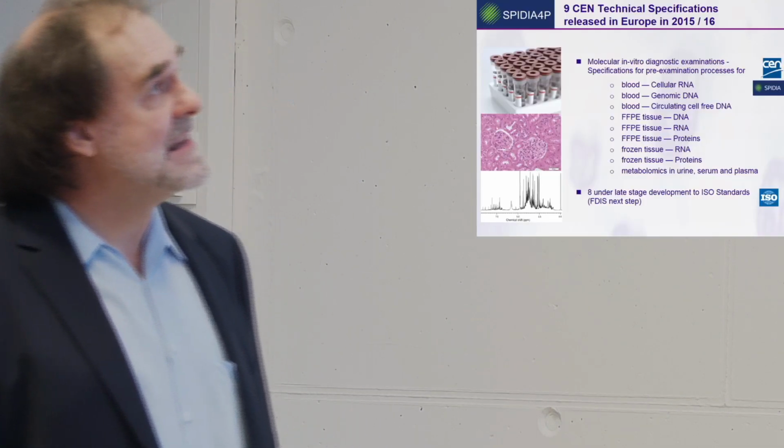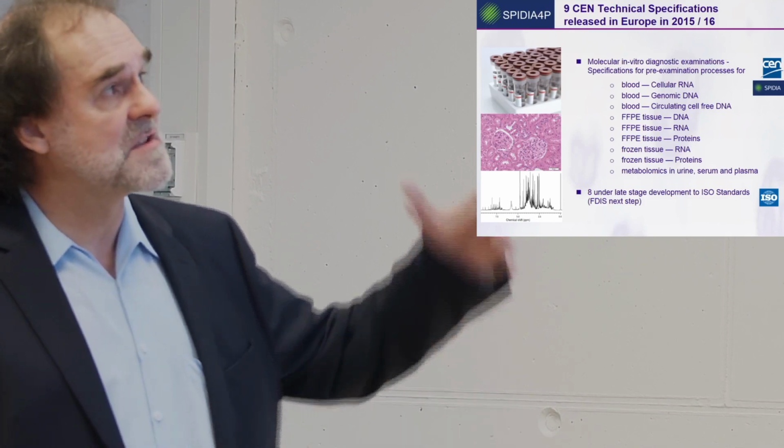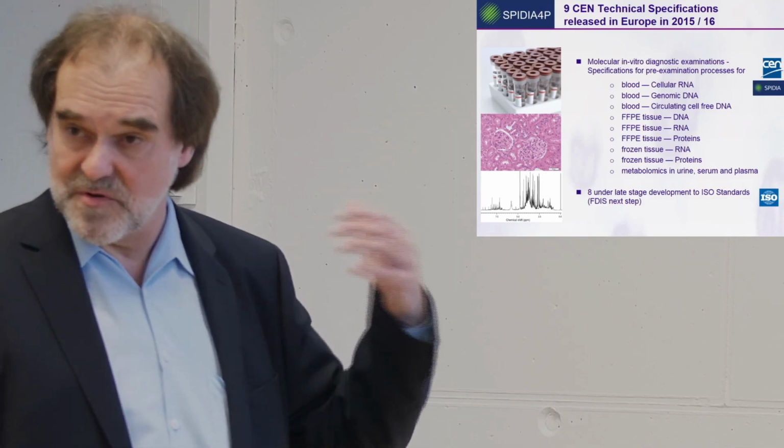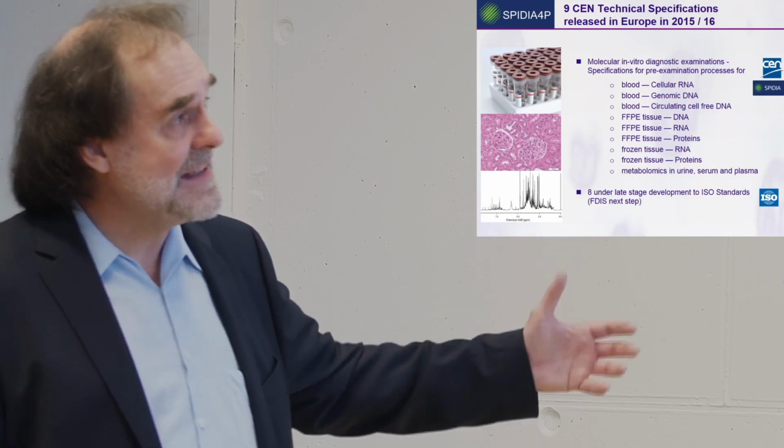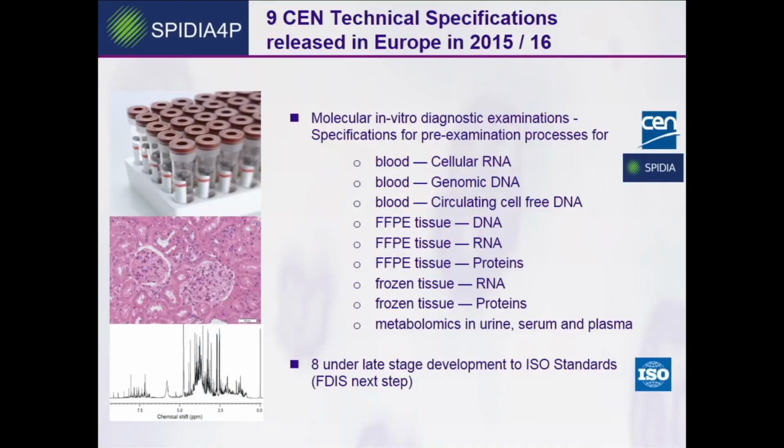Now, I've mentioned that out of SPIDIA we developed 15 technical specifications. These are presented here. They all address the pre-analytical workflow, which starts with the patient, with the sample collection from the patient, and ends with the isolated analyte. These are the 15 ones for blood.